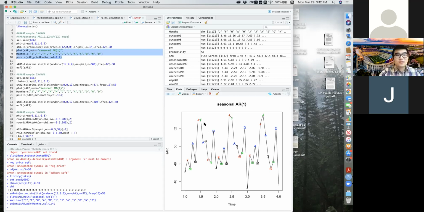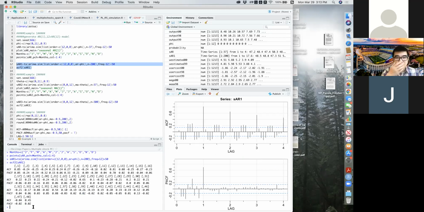All right, with this model, let's see what its ACF and PACF plots are. Here are the ACF and PACF plots.